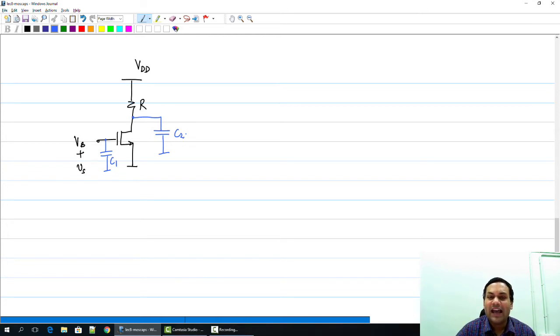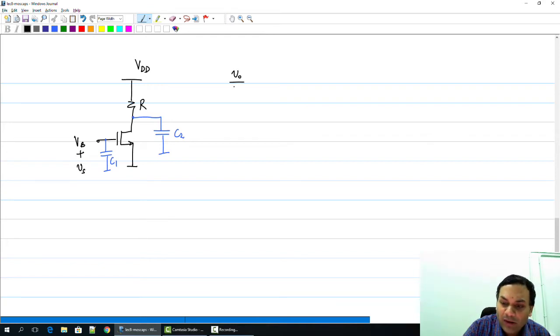Because normally given the size of the device and given the device properties, I can calculate what C1 and C2 are. So for now at the system level I am just going to assume that there are capacitances C1 and C2.